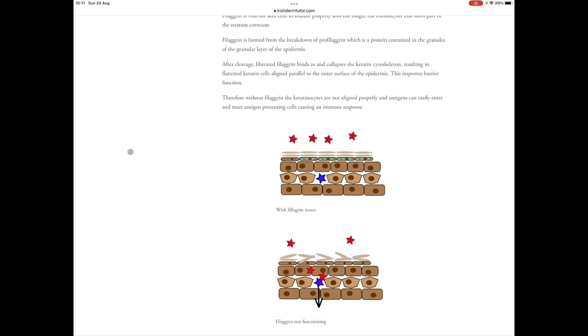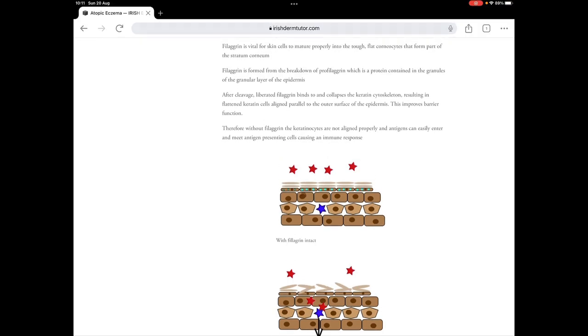Filaggrin is vital for skin cells to mature into the tough, flat corneocytes that form the stratum corneum. Filaggrin is formed from the breakdown of profilaggrin. So if you look where my mouse is here, you can see little granules in the stratum granulosum, and these contain profilaggrin.